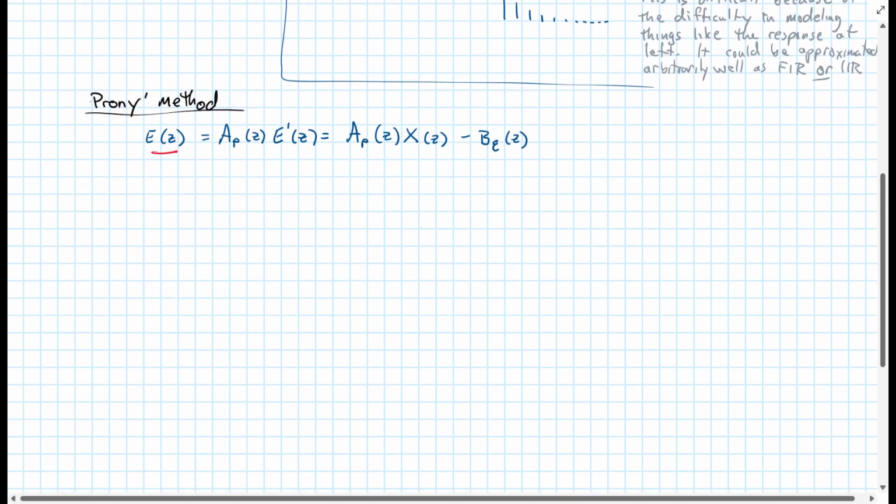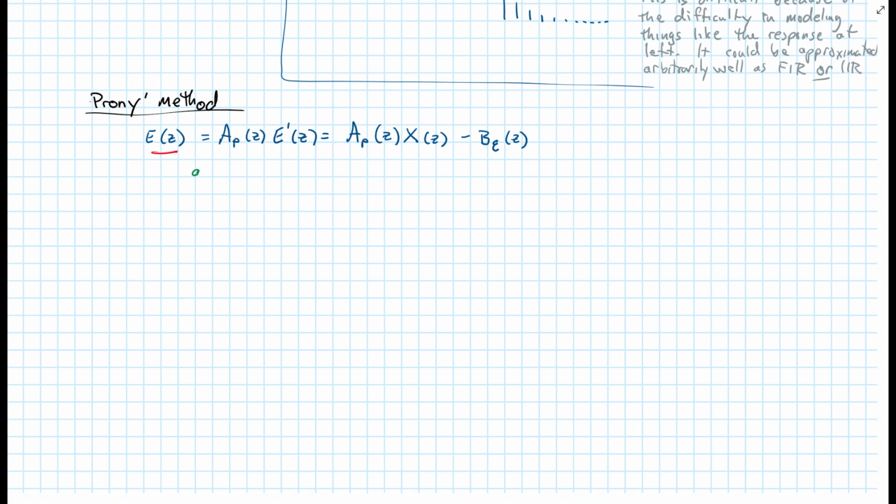So let's figure out how to use this then. The first thing we're going to do is, since this is an impulse response, we're going to assume that x of n is equal to 0 for n less than 0.